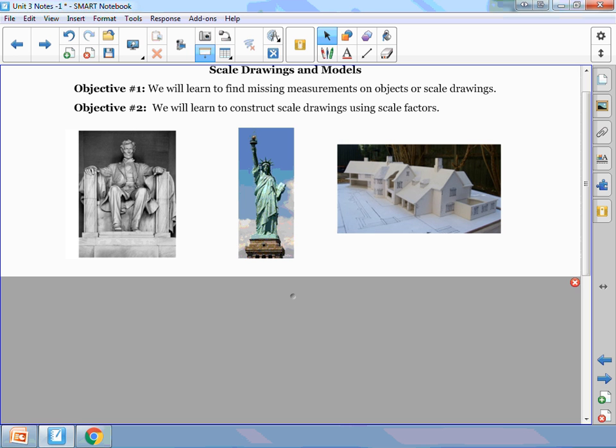Many times before buildings are developed, they'll create 3D representations of what they're going to look like, in some ways to present to people who may be funding the building. Like, here's what it's going to look like. Now can I have your money to build this building?